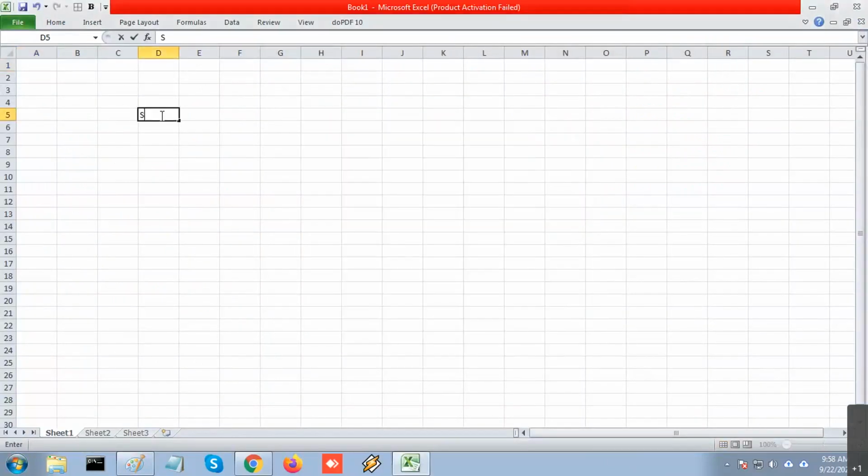Subnet ID, network address, first host address, last host address, broadcast address, CIDR. And I'll write on this side, need. Need is number of hosts.